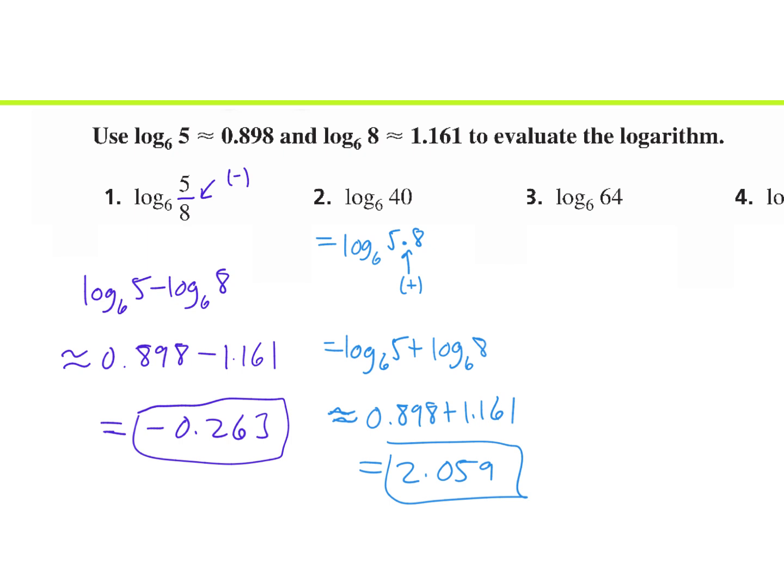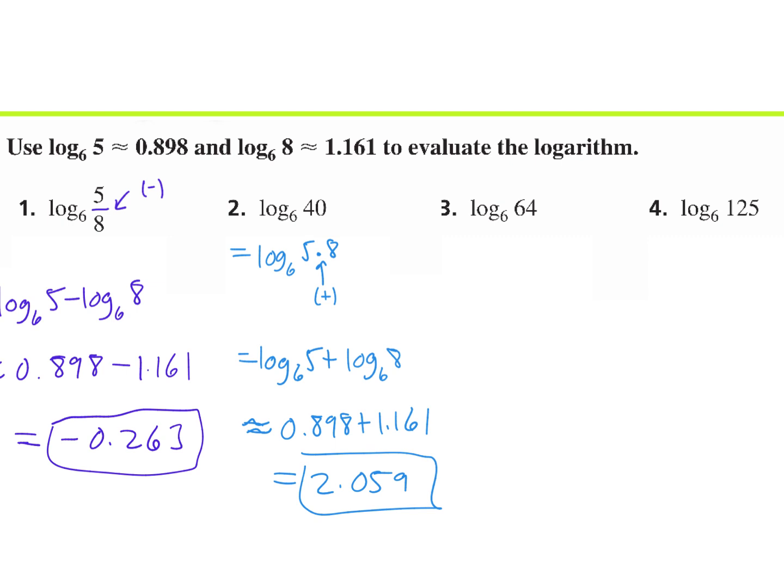All right, number 3, same thing. We have log base 6 of 64. I don't know what log base 6 of 64 is, but I know that 64 can be rewritten as log base 6 of 8 times 8. Now, from here, you could do log base 6 of 8 plus log base 6 of 8, or you can write it as an exponent.